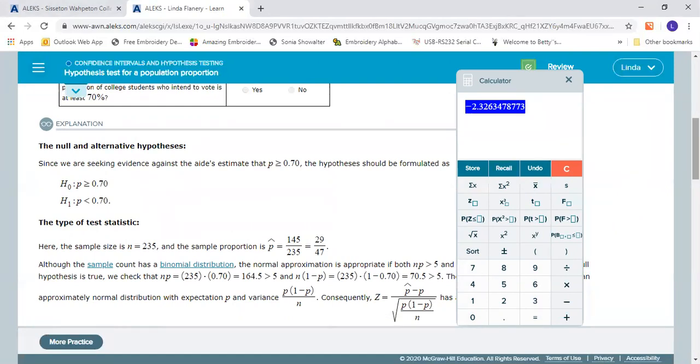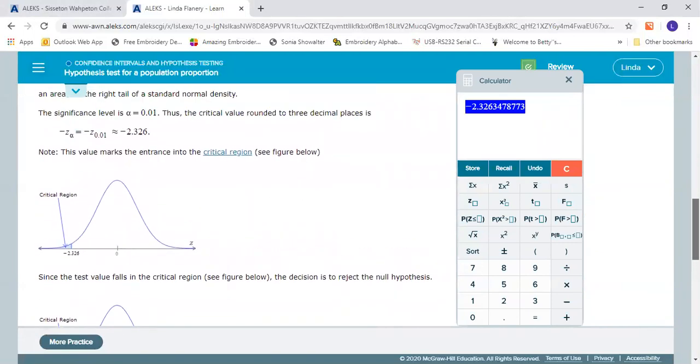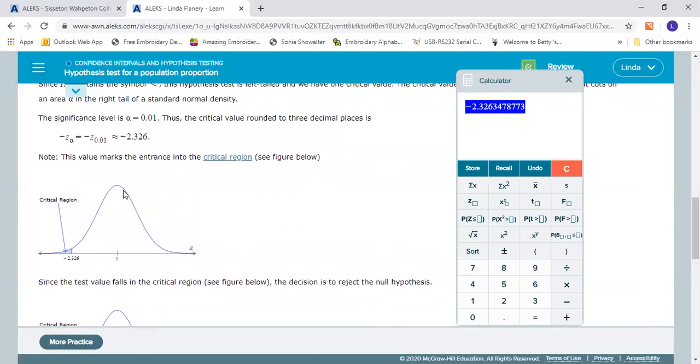So what I'm going to do is slide down to where they have their drawing, because they're looking at the critical region. So when I have my left-tailed test, the null hypothesis is here on the right side. The alternative hypothesis is the critical region right here on the left-hand side.